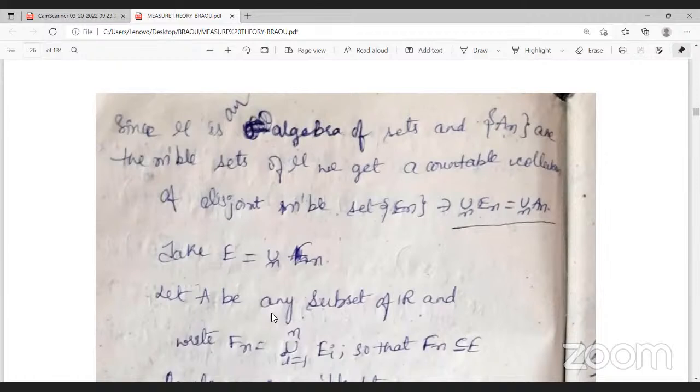Finite means we have only 1 to 100; countable means the natural number set is a countable set. So here n equal to 1 to infinity, M star of the union is less than or equal to the sum, already proved above. Now just observe this one only.